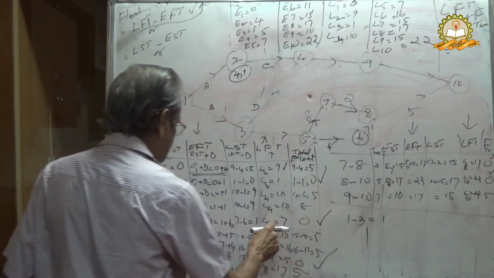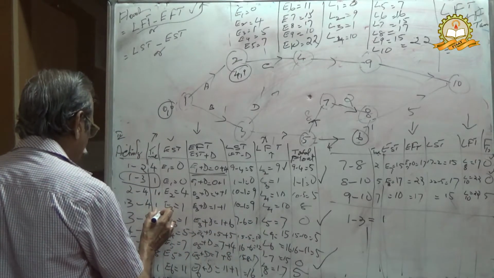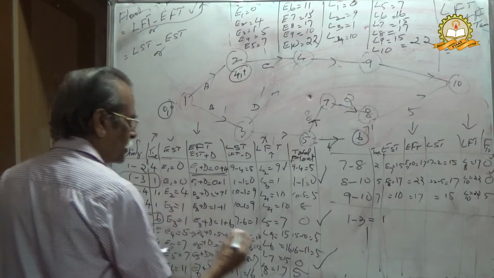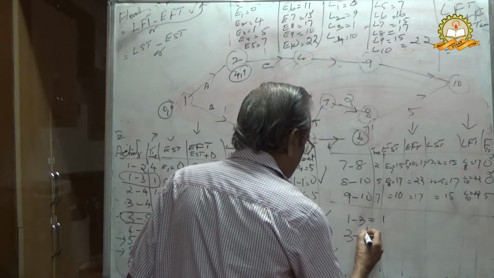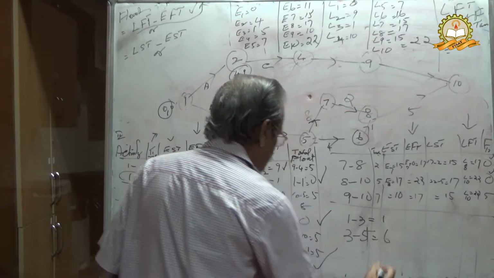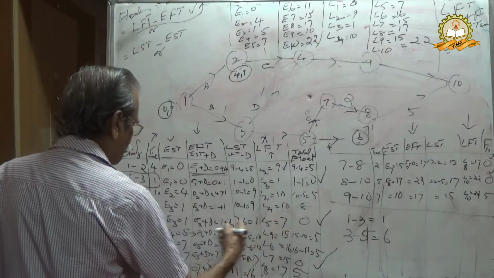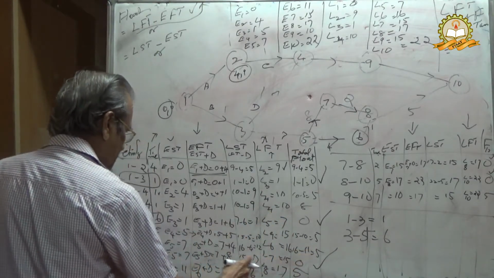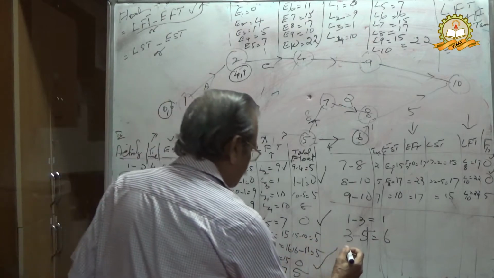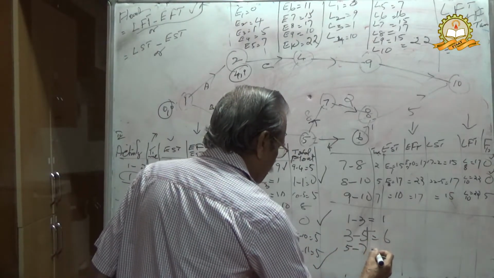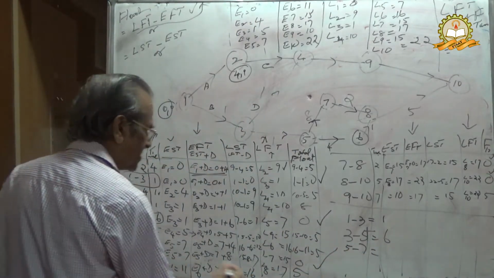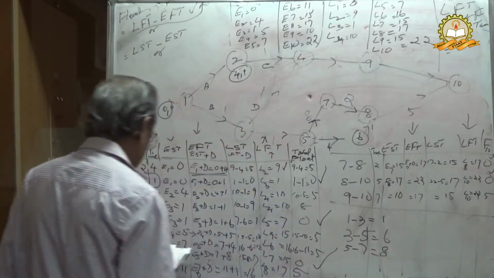Then the second 0 is here, that is 3 5. Activity 3 5 equal to 6. Then the next 0 is 5 7. Activity 5 7, duration is 8.